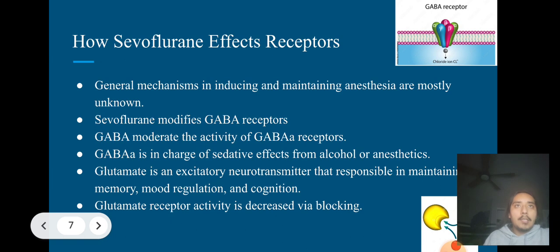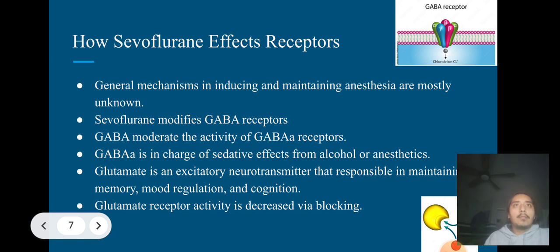A GABA A receptor is in charge of mediating sedative effects from anesthetics or alcohol. Modifying the GABA receptor to prevent its activation allows the GABA A receptor to remain closed, thus enhancing neuronal inhibition or decreased neural activity.